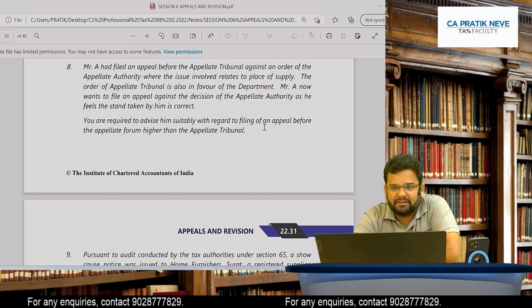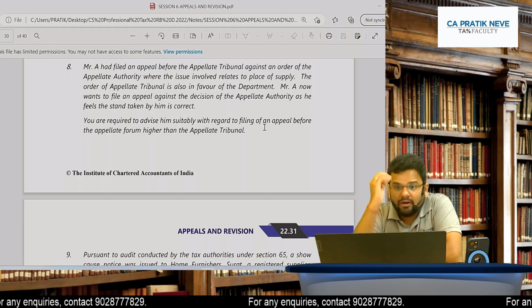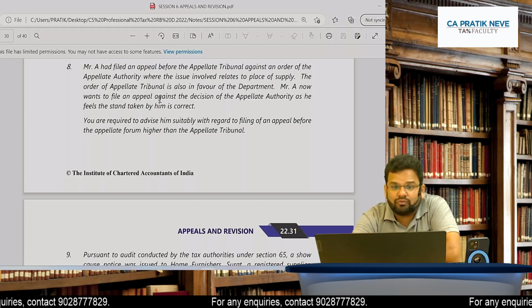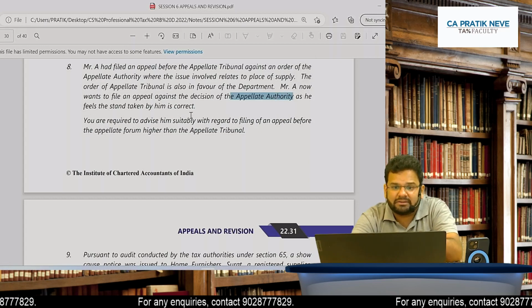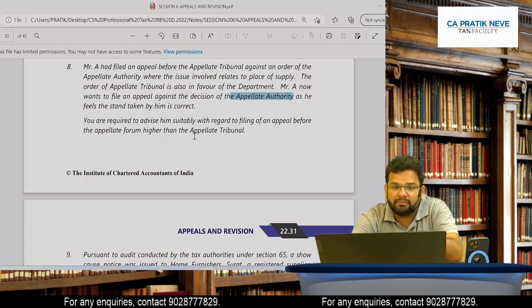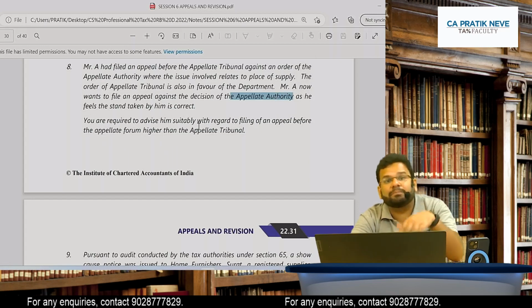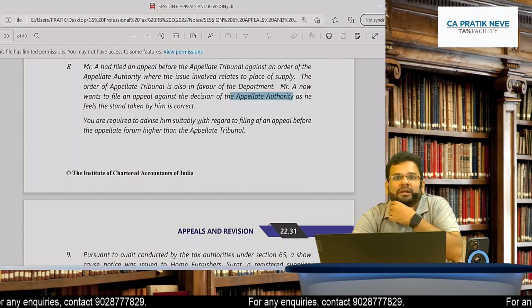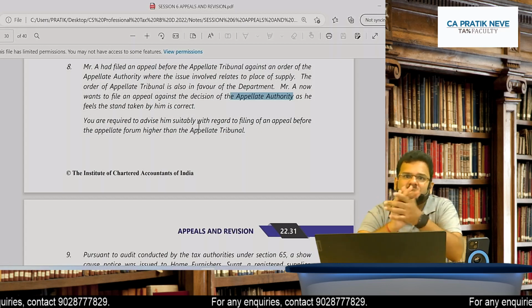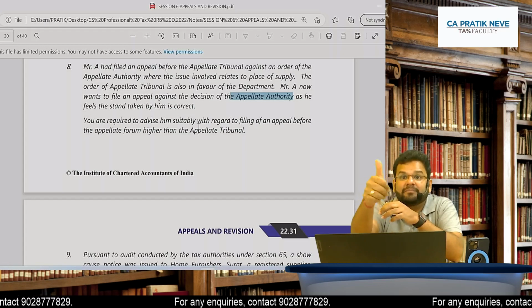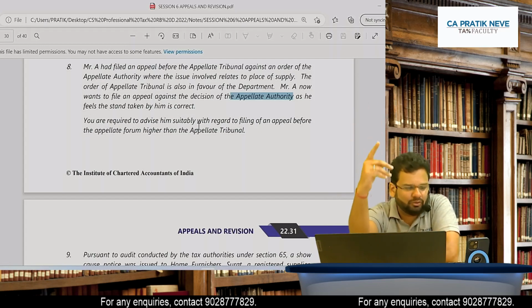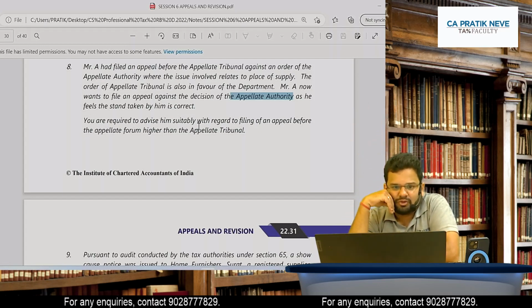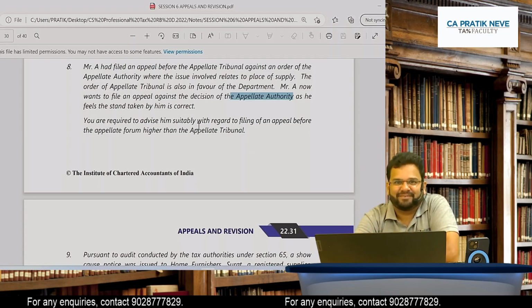So understand, Ketki, when I am saying that Mr. A now wants to file an appeal against the decision of the appellate tribunal, as he feels the stand taken by them is correct, you are required to advise him suitably with regard to filing an appeal before an appellate forum higher than the appellate tribunal. So at the appellate tribunal level, it was the regional bench or national bench, agreed. If an appeal has to be filed against that, then that will go directly to the Honorable Supreme Court. So I hope the point is driven, which I want to tell you.